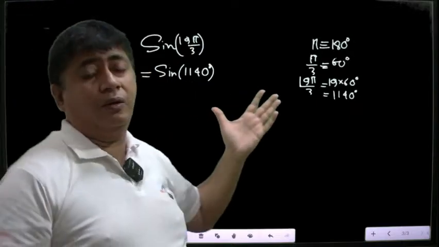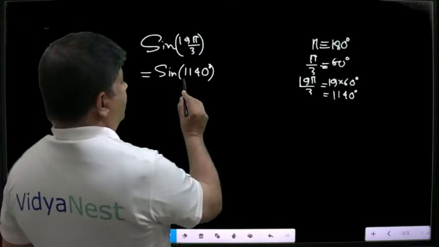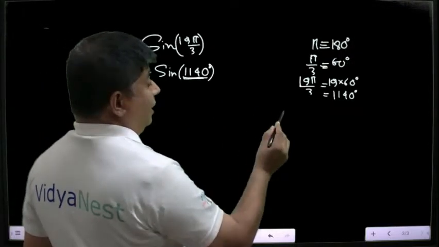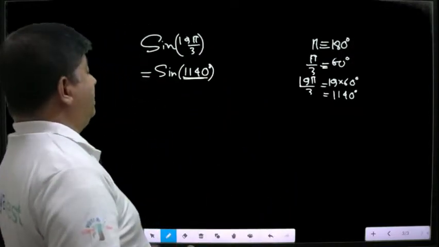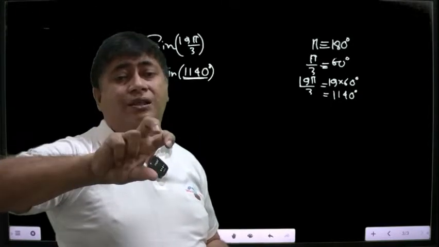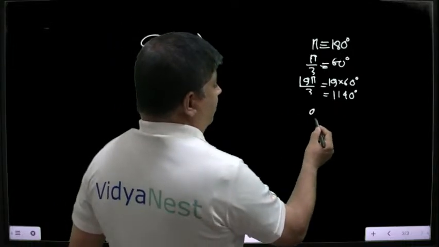Now, in which quadrant does it lie? You see that each quadrant's angular value is 90. So how many times will 90 go?